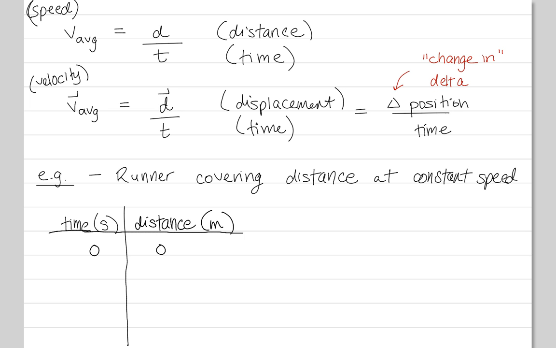So we'll just assume that it's constant all the time. So we're making this a little bit simpler than what actually would happen, but just to keep things simple, to make our point, make up some numbers. So this is an example of constant speed.